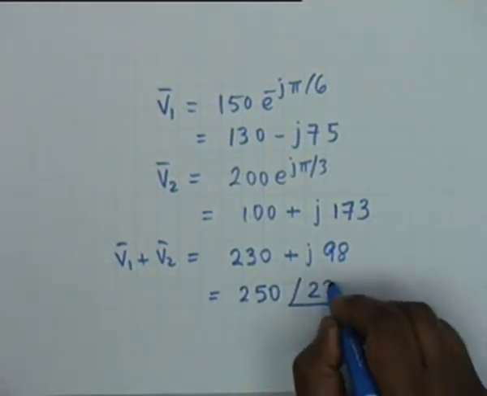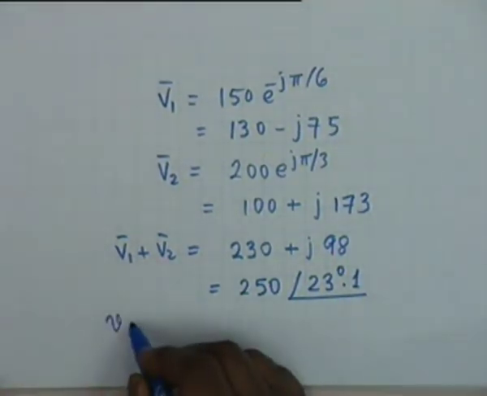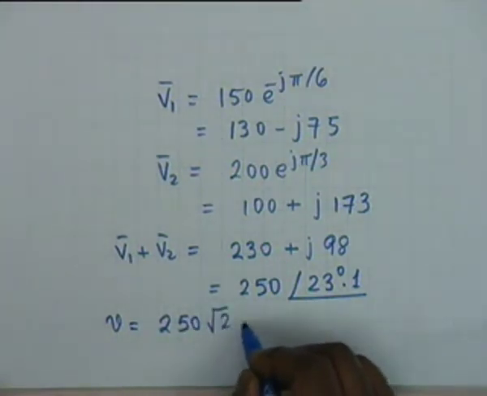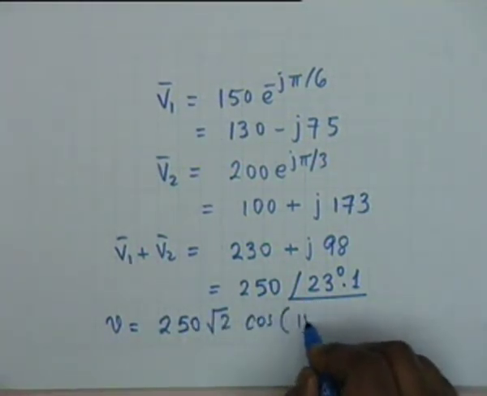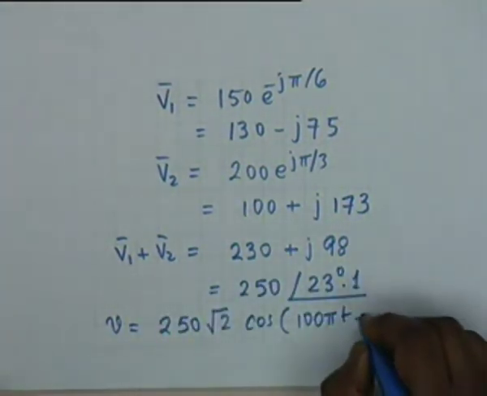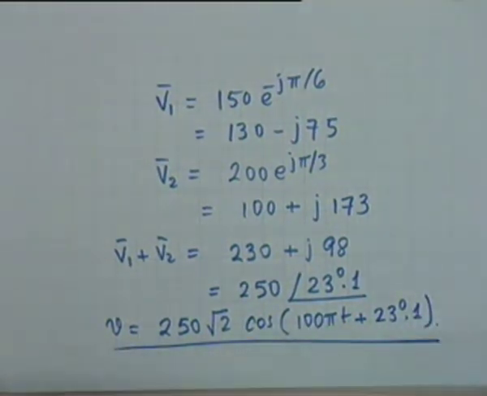The angle is 23 degrees 0.1, and therefore the resulting voltage shall be 250 root 2 cosine of 100 pi t, we bring back the frequency, plus 23 degrees 0.1. That is the final result.